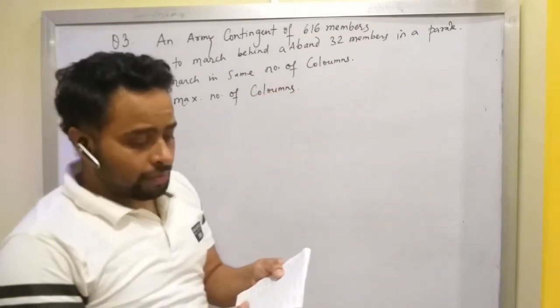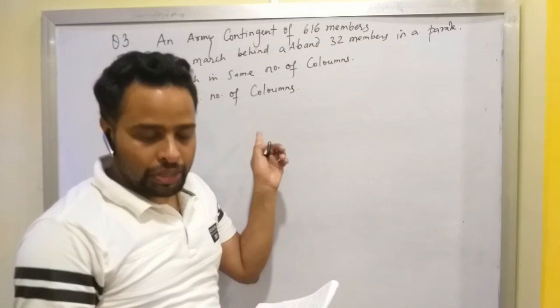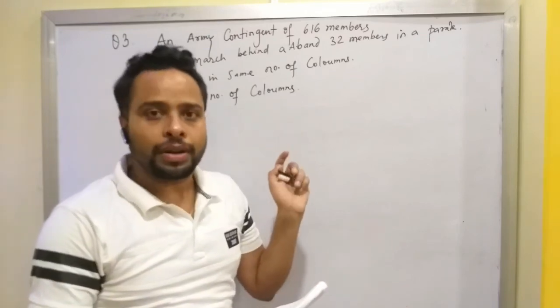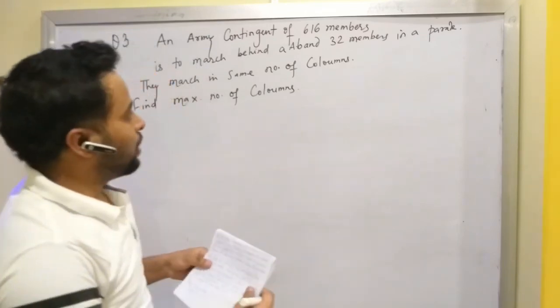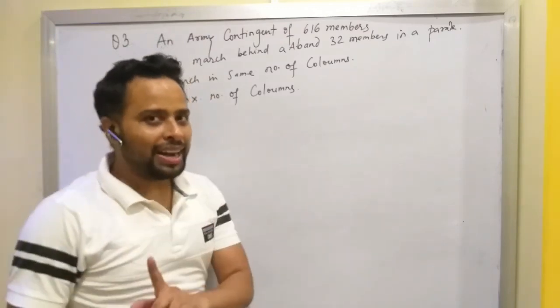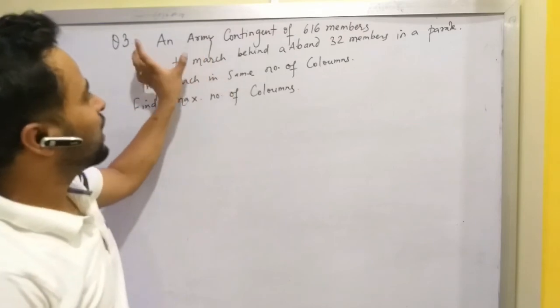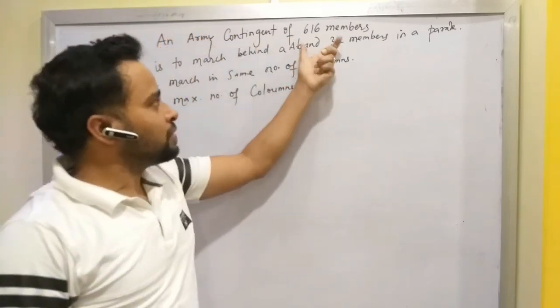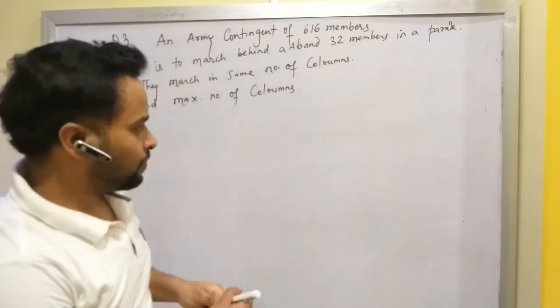This is the third most important question, application based, from real numbers, in which they march. Now what am I going to do is take a deep breath, followed by an army contingent of 616 members.